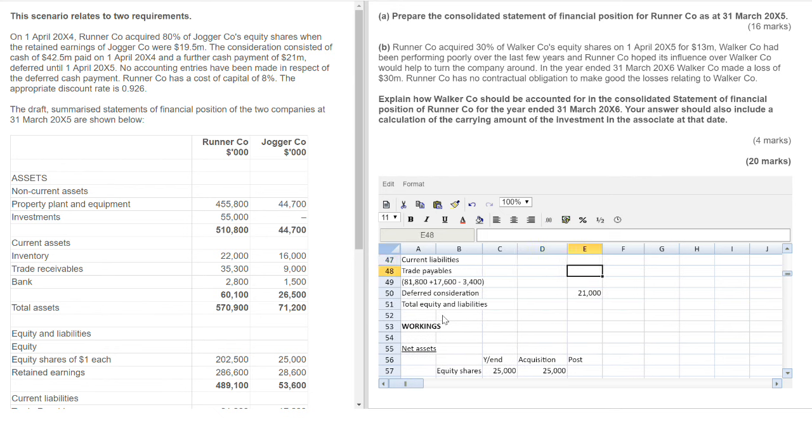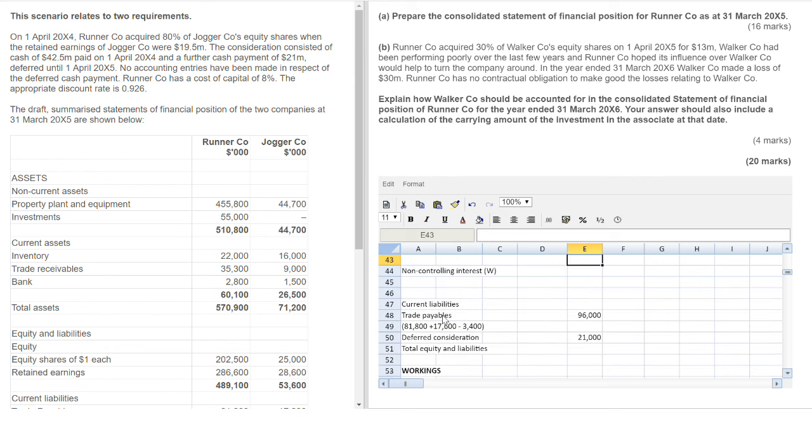Let's just fill in the blank. So trade payables, when you go through there and add it all across, that should give you 96,000. The non-controlling interest that we have is 14,476. The retained earnings is 290,950.